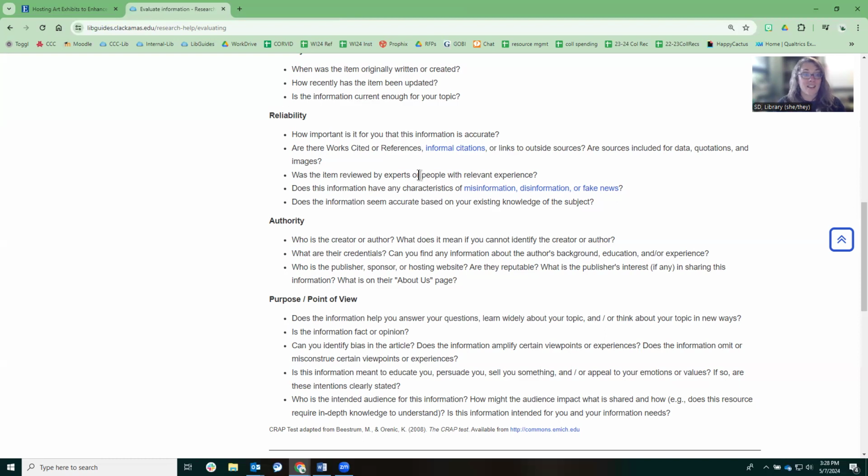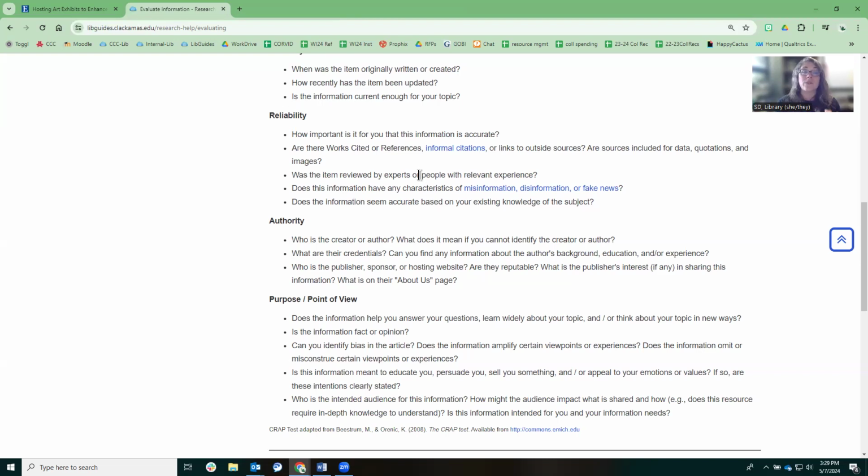Another way to tell is whether or not what you know about the topic aligns with what you're seeing. So for example, if you've read 3 articles on the same topic and one of them doesn't match the other 2, something is wrong. One of the things that you're looking at is probably not reliable.